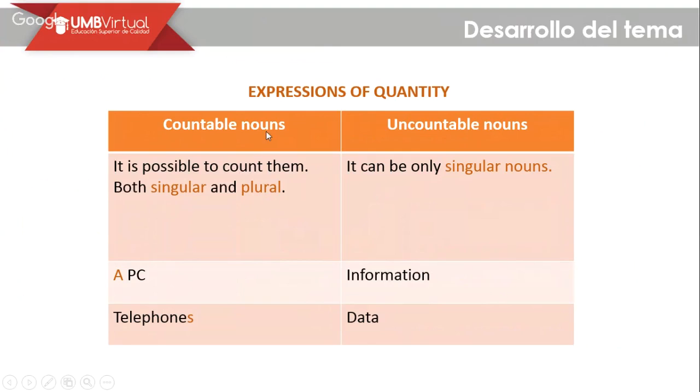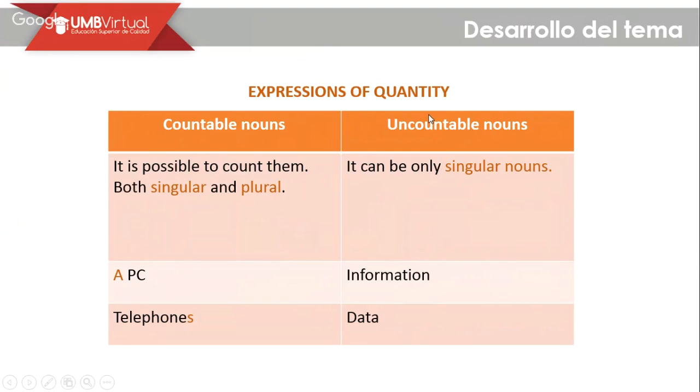Recordemos que para los sustantivos contables, una regla general es que nosotros los podemos tener tanto en singular como en plural, right? And uncountable nouns can be only singular nouns. Esos solo pueden ser sustantivos en singular cuando son incontables, en el caso del agua o de algún líquido.